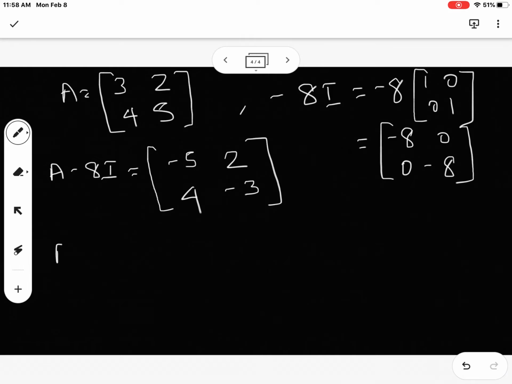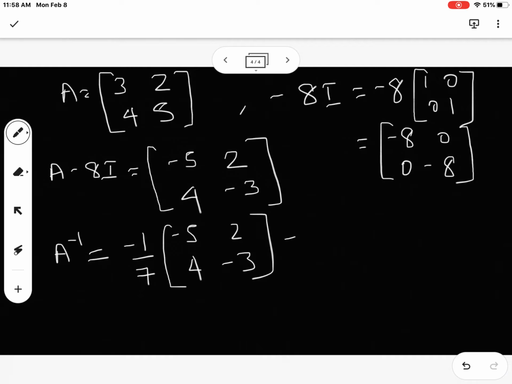So let us now find out the value for A inverse, which was minus 1 by 7 A minus 8I. So let's write it down, minus 1 by 7, and the term A minus 8I, which is this. So you have minus 1 by 7 into minus 5, which is nothing but 5 by 7.